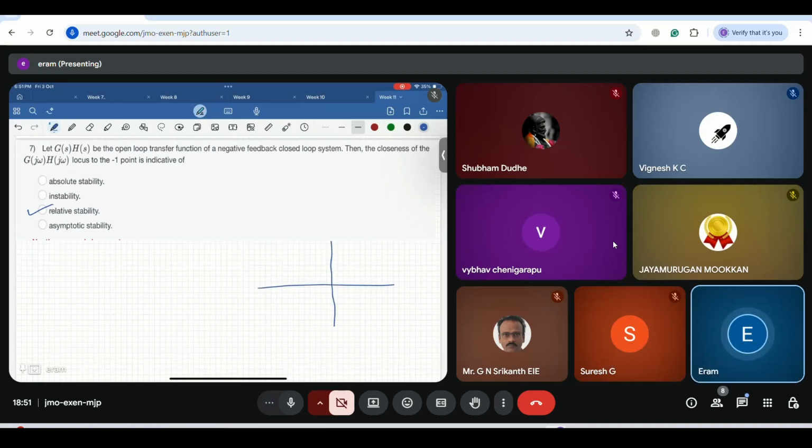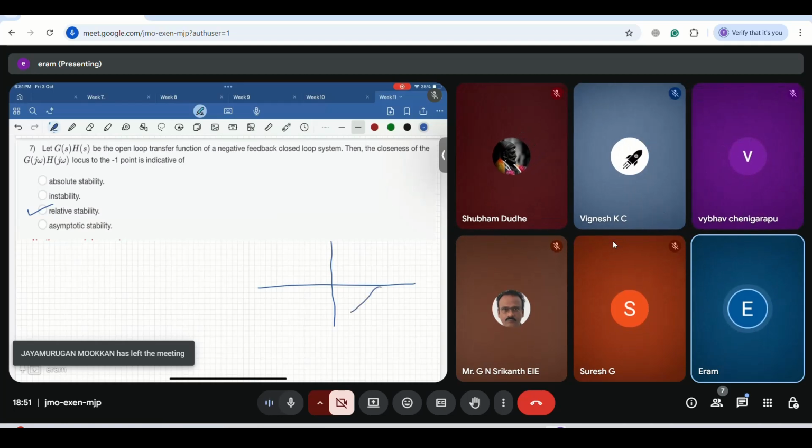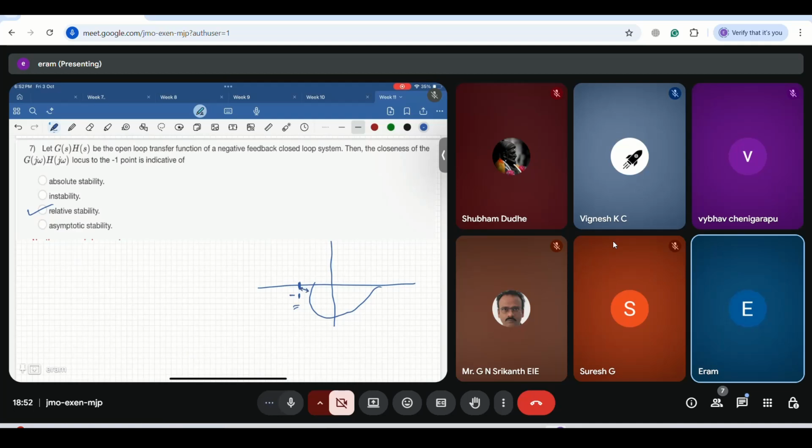if you draw the root locus or Nyquist plot or anything, suppose this is your minus 1 point, so this indicates the point where the closed loop poles cross the imaginary axis. So the closer your locus is to minus 1 point, the more vulnerable you are to getting unstable, right?